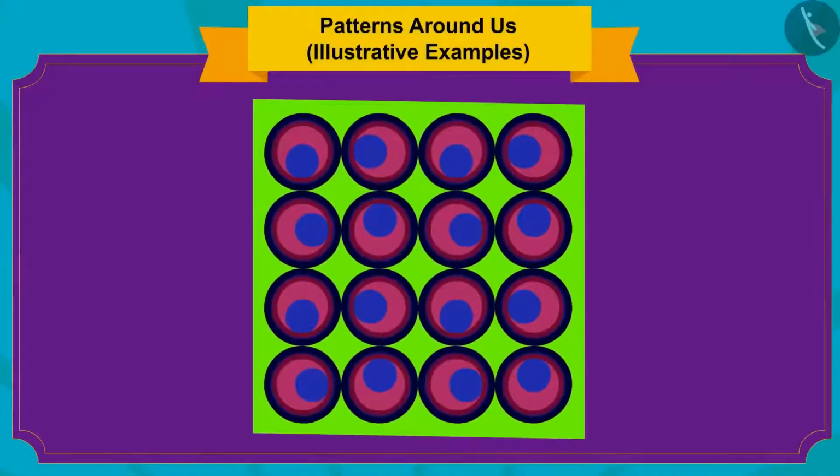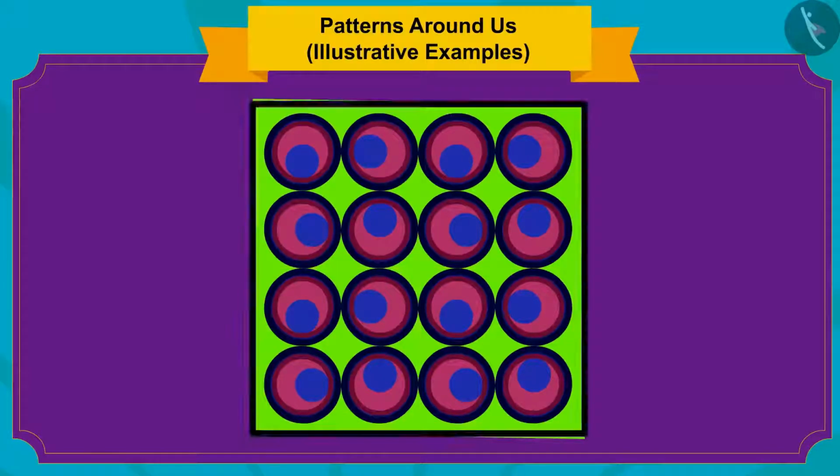Well done, kids! Your answer is absolutely correct. Here, a group has been formed by rotating this one shape in different ways, and then by repeating this group of shapes again and again, a unique, beautiful pattern has been made.